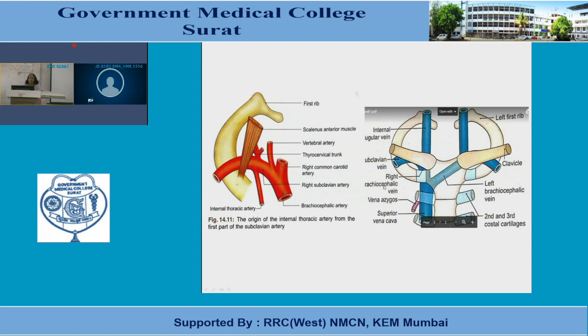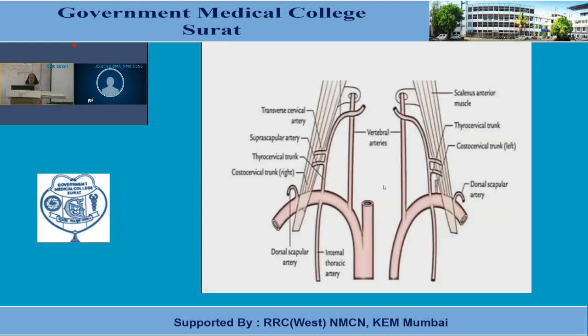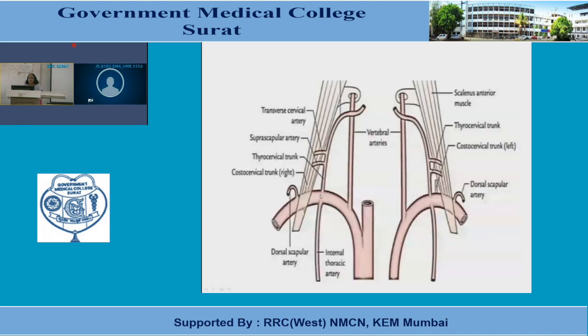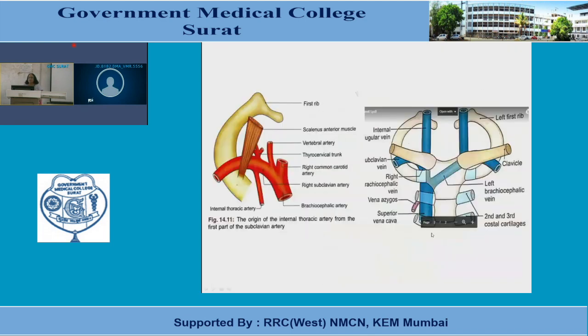So as per the course, it is crossed anteriorly by the brachiocephalic vein before reaching the first rib. This is the first rib, which is articulated with the manubrium sterni through the costal cartilage, shown in the blue portion.